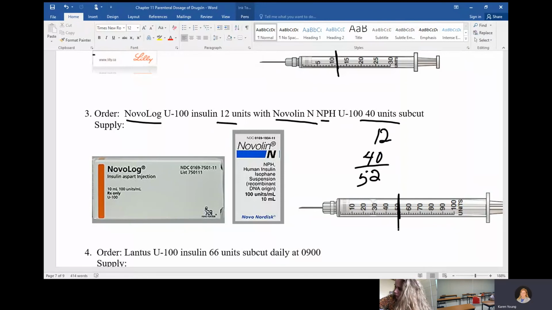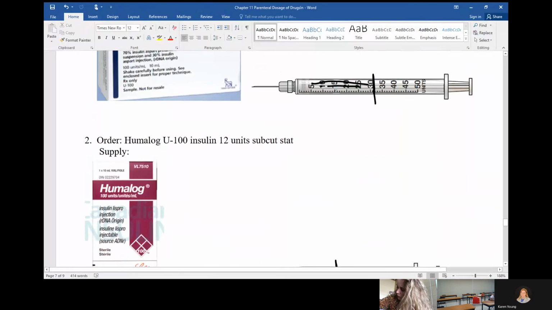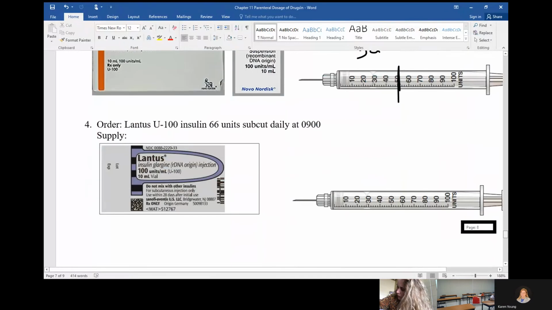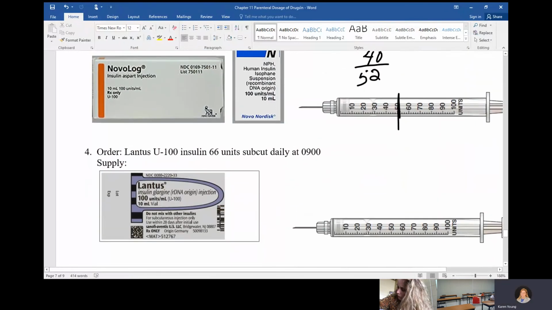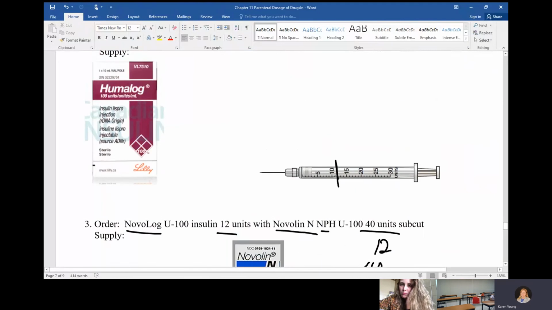Okay, simple. Very simple. How many units am I going to give on number 4? 66. I just draw a line at 66, right? Insulin is that easy to calculate.